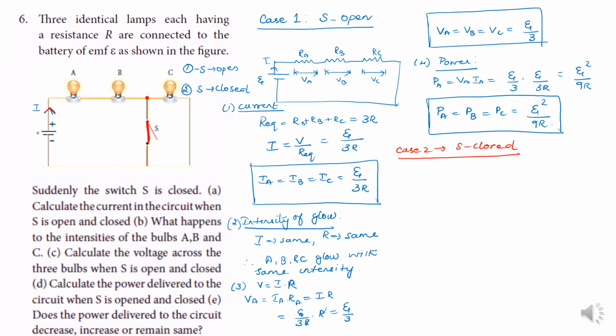But when the switch is closed, it creates a low resistance path compared to this. When the current flows here, the resistance here is more compared to this path. So current always prefers the low resistance path. That is short circuiting.